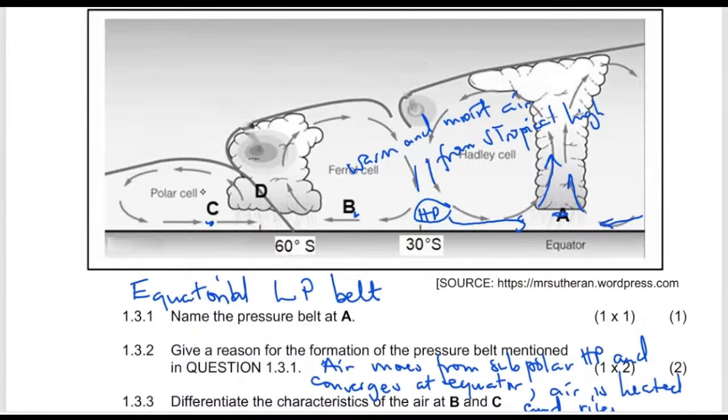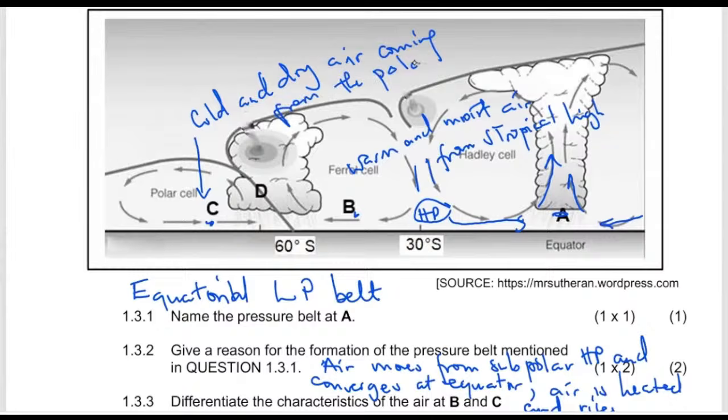And what happens at C? What kind of air comes from C? This is cold and dry air coming from the polar region. So we have warm and moist air feeding from this side, and cold and dry air feeding from this side.